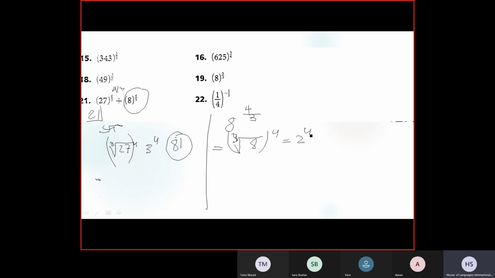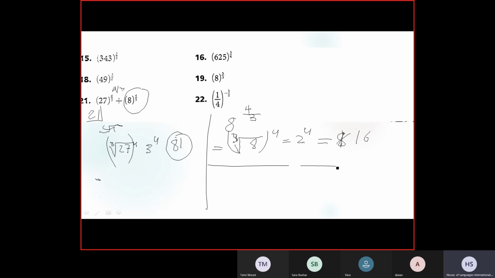Bravo. Cubic root of 8 is 2, to the power 4 is 2 times 2 times 2 times 2, 16.